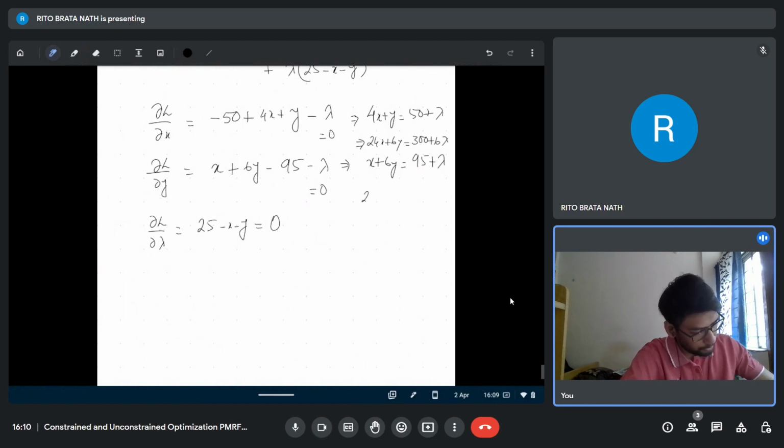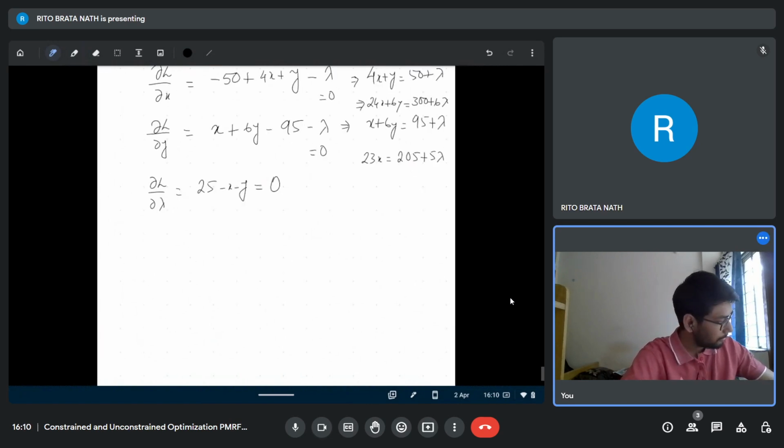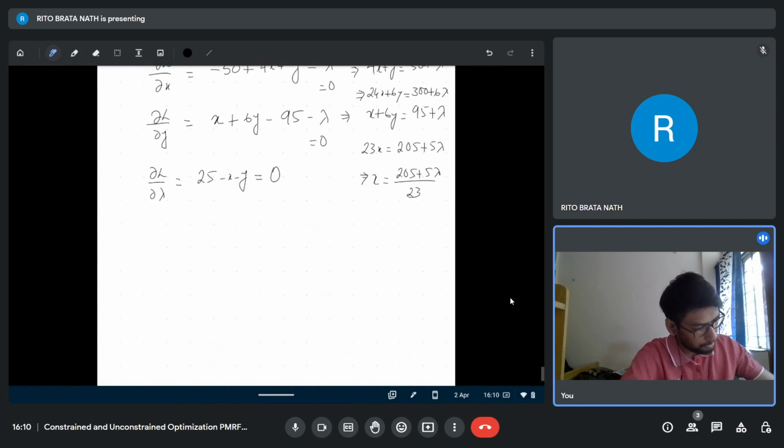So that means 23x equals 205 plus 5 lambda, and your x is (205 plus 5 lambda) by 23. That gives you your y.